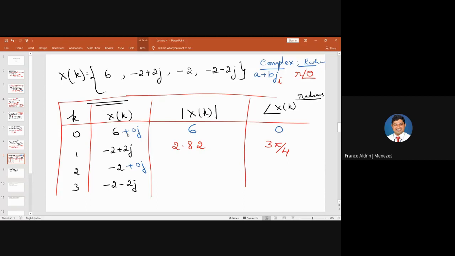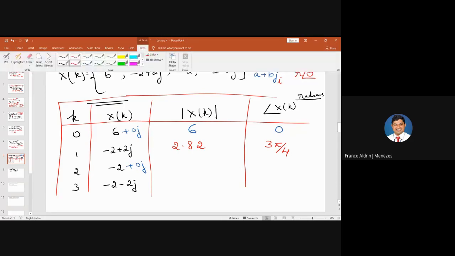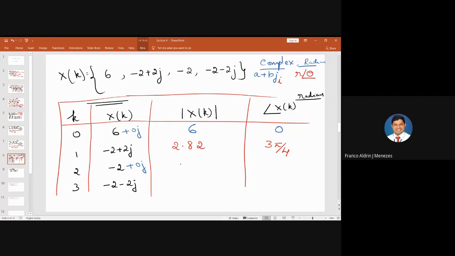So what is the magnitude for minus 2 plus 0j? Minus 2 plus 0j, sir. 2. And angle? Pi. Angle is pi, or in degrees if we consider, it will be 180 degrees. And for the last term, it is the complex conjugate of this particular term.